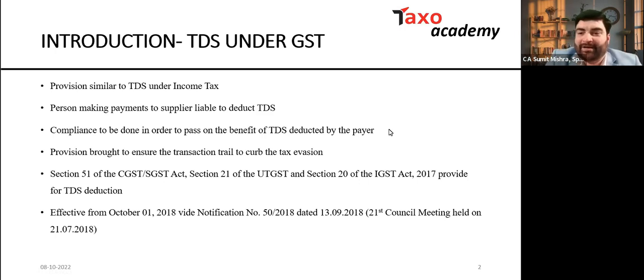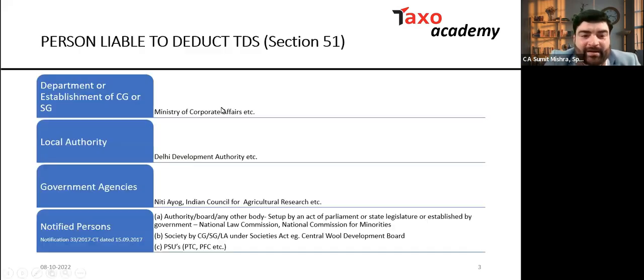I can hide my output transaction and very easily evade the tax. To curtail such transactions, this provision of TDS was brought under the GST provisions.